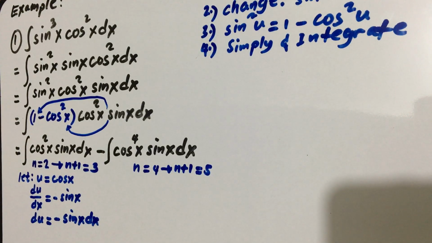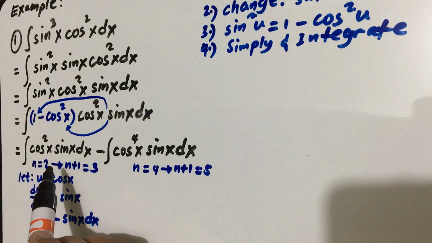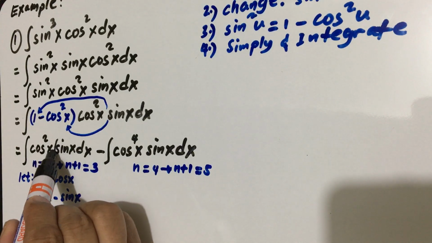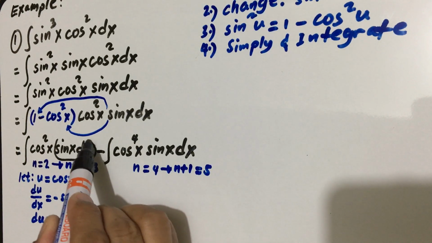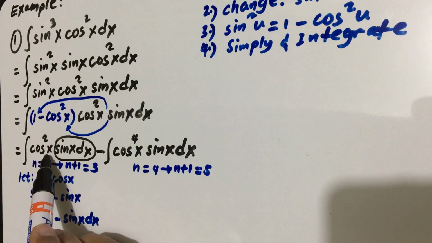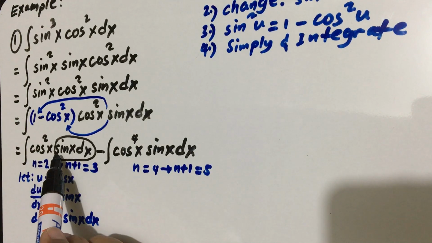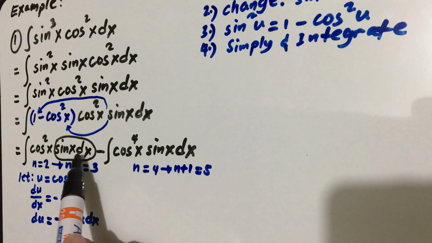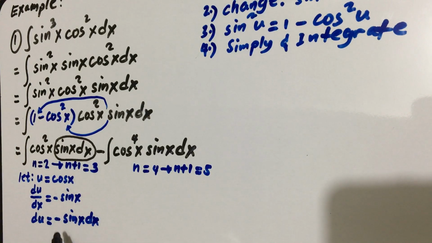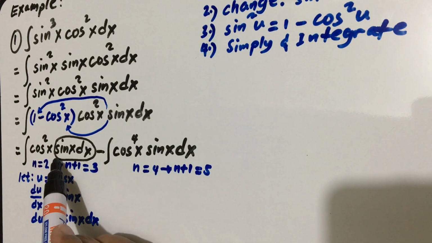And if you look at our given here, we have sine x dx, this part here. So if we let cosine x as our u, we have to replace this in terms of du. But we have here sine x dx, but negative, and we have here positive.